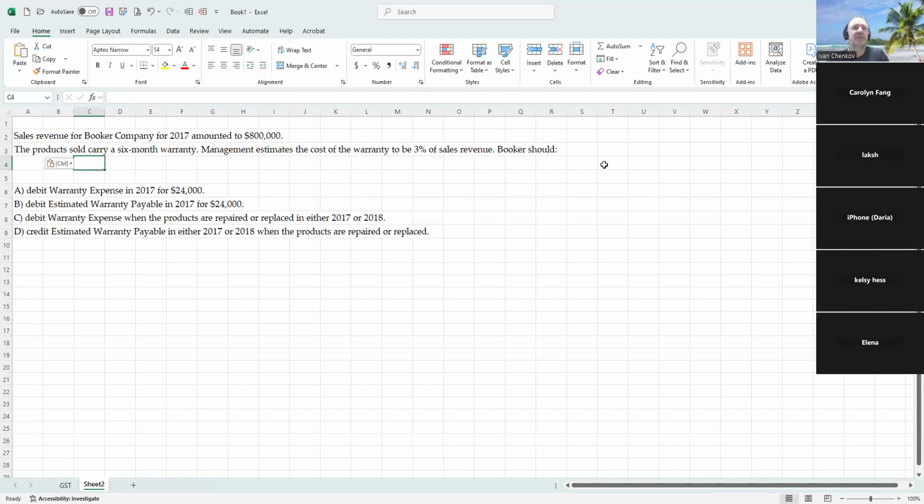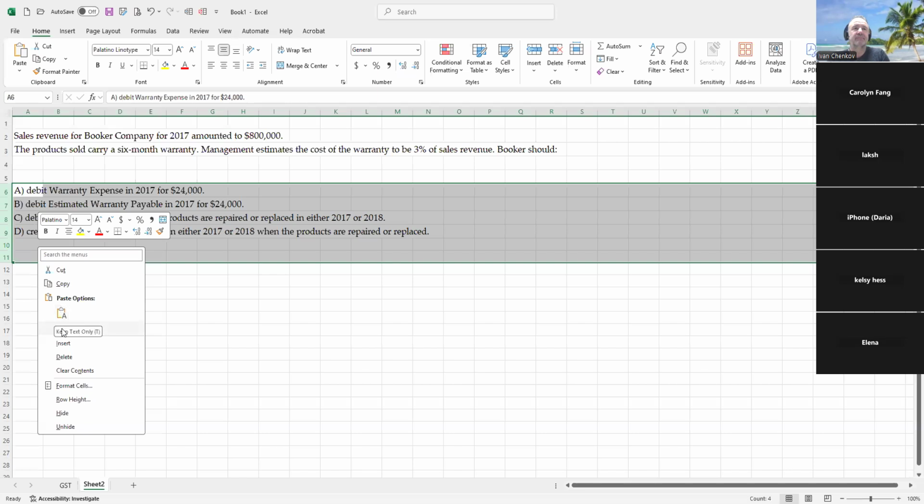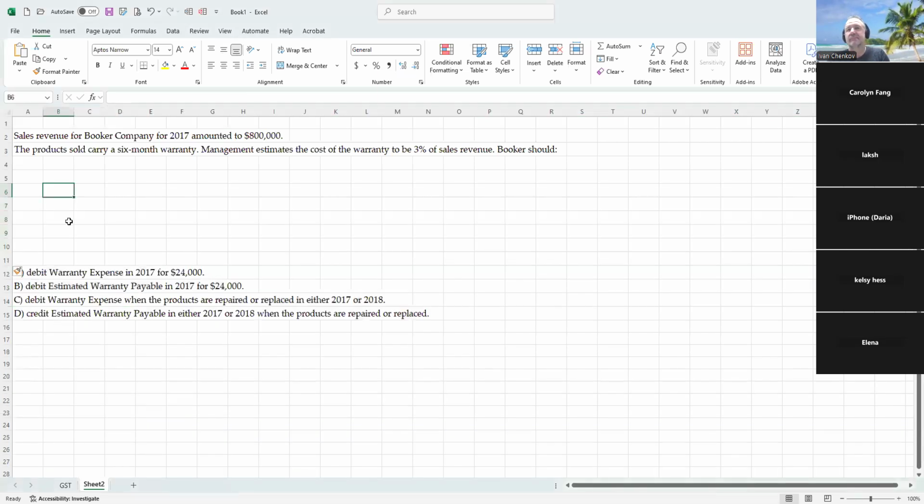What will be the journal entry to do that? What will be the journal entry for the warranty or estimated warranty liability? Debit, I have to debit some account. Which account am I gonna debit?